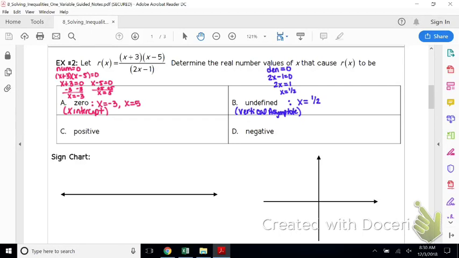Alright, so how am I going to find where it's positive or negative? How did we do that in example 1? Yeah, we used that number line, didn't we? Remember on your number line, you're going to have your infinities. And what did I say you were going to put on that number line?